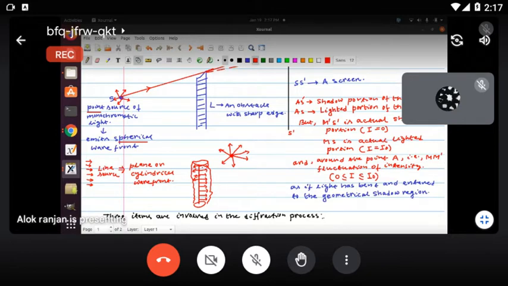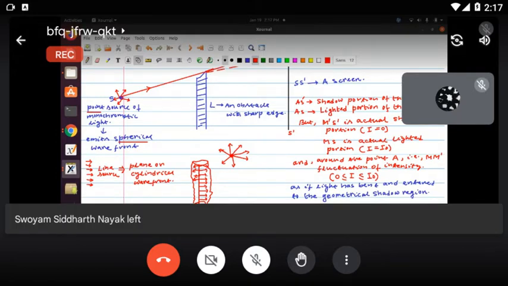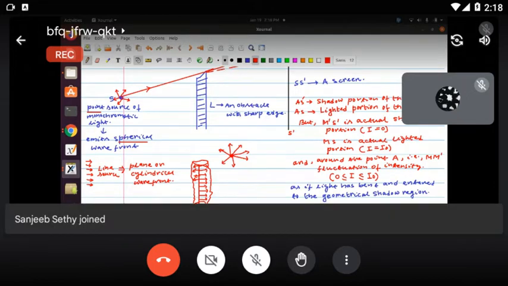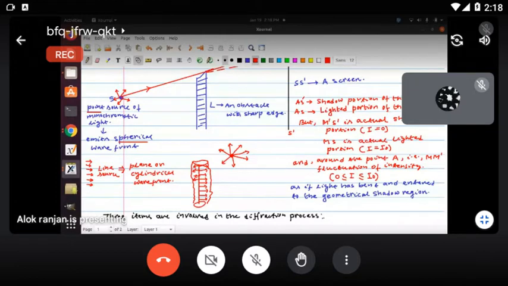So then you might ask, okay, we understand that a point source will always emit a spherical wavefront and a line source will always emit a cylindrical wavefront. But how does this plane wave come? If an observer is nearby, then he or she will observe the cylindrical wavefront. And if an observer is at a very large distance, what will happen?